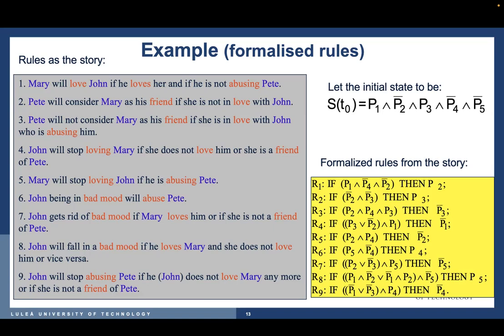Then what you can do with this type of system is that you can have different starting points. Depending on what you want, you may have different starting assumptions.